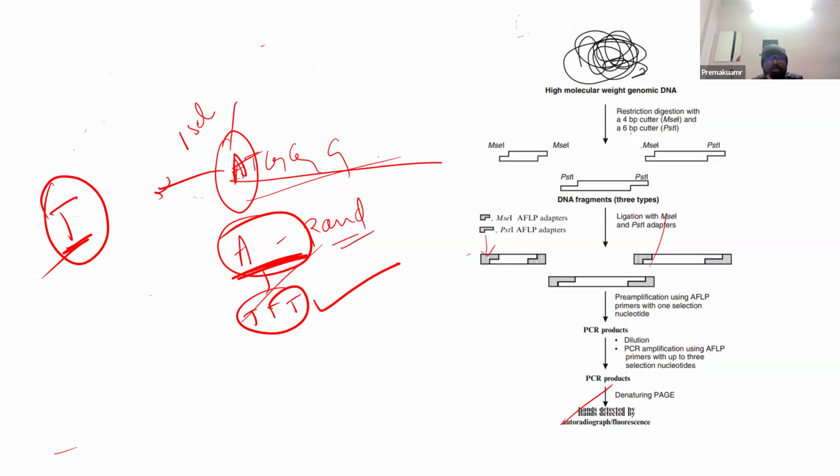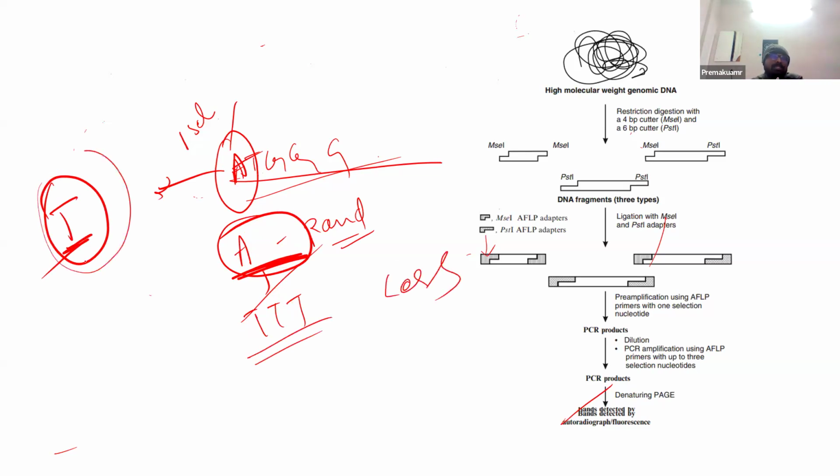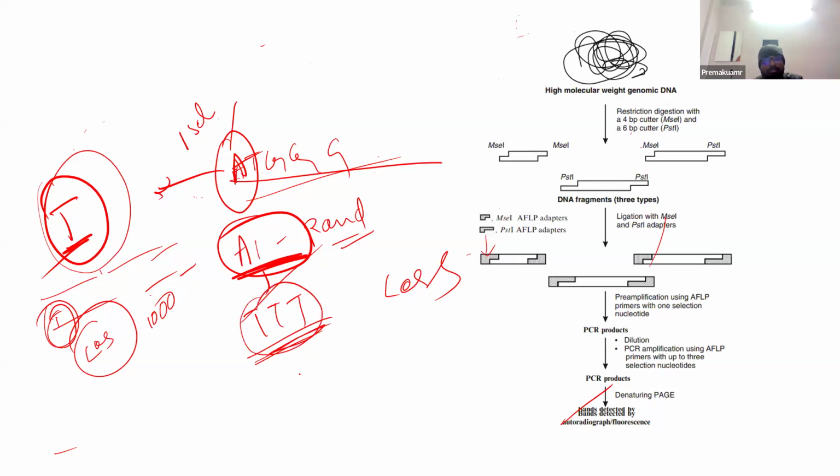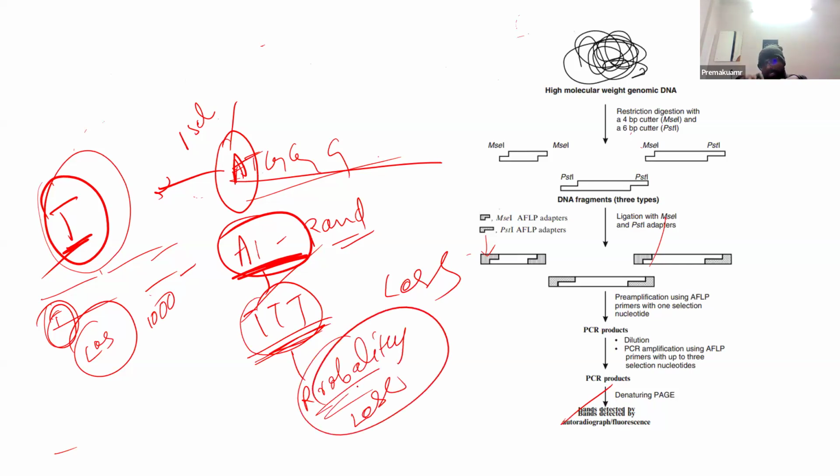It will reduce the number of fragments. How many fragments will have all three T's together? It's very few. Some, say 100 fragments, are amplified, but again, with three selective nucleotides, the probability of having 3 T's together is very low. So your fragment number gets reduced if you use selective nucleotides.